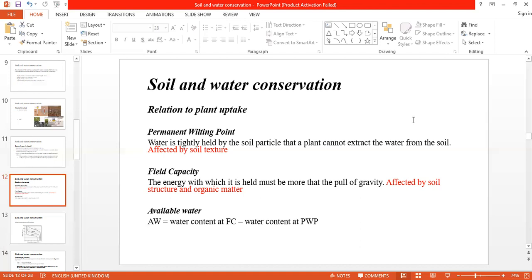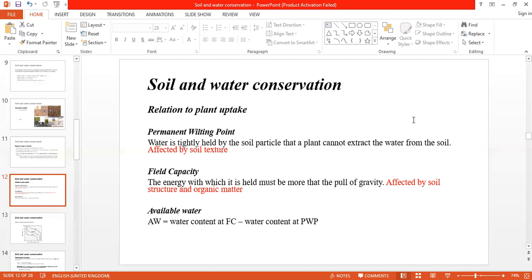Now as we start adding water to the soil, it starts to move from the permanent wilting point and increase. That extra water, the plant is able to extract it.